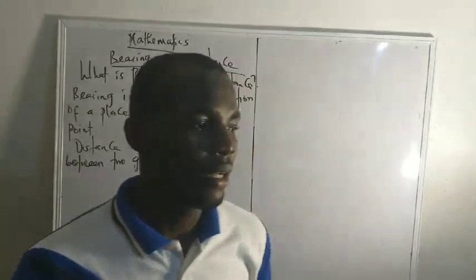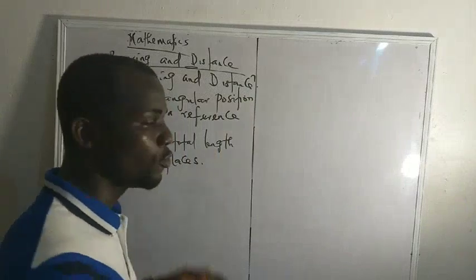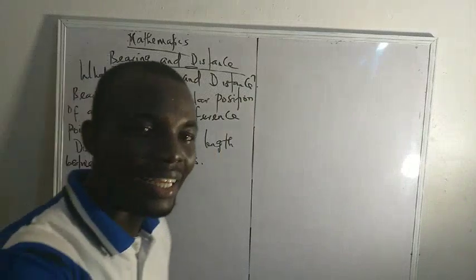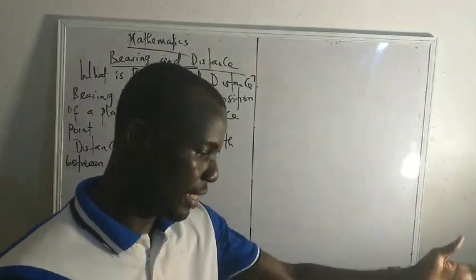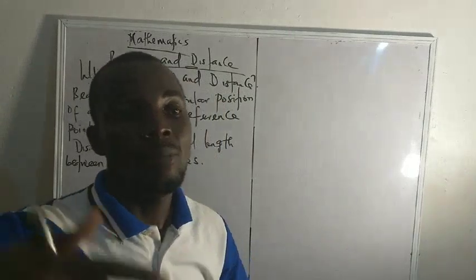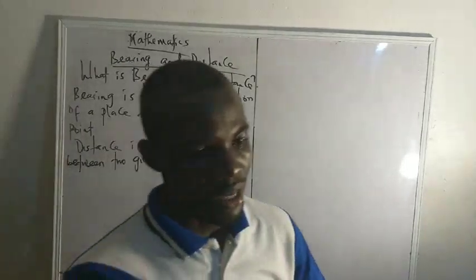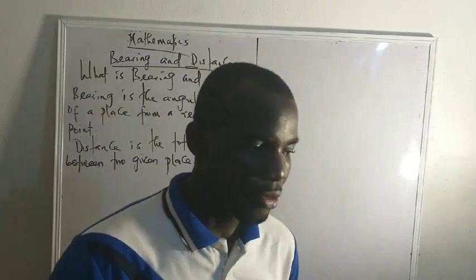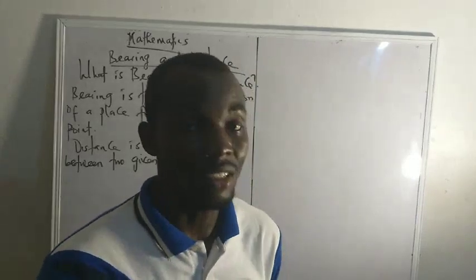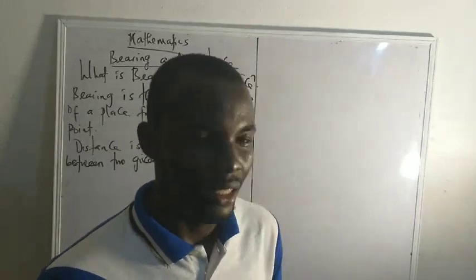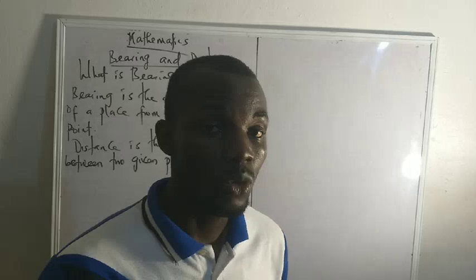We'll look at an example later. We just take that definition in. And what is distance? Obviously, distance is the total length between two given points, two given positions, say position A and position B. Alright? Distance and bearing is the representation of velocity, as a vector quantity in terms of direction and in terms of magnitude.